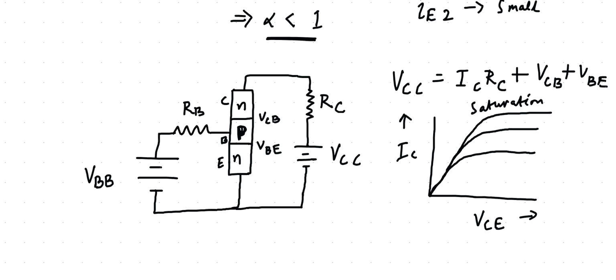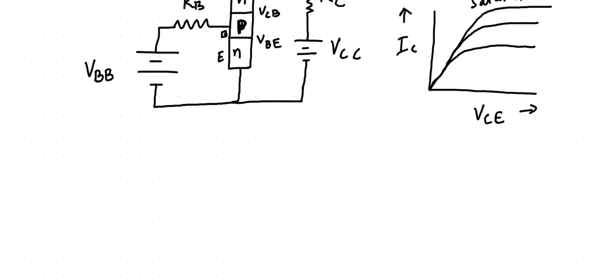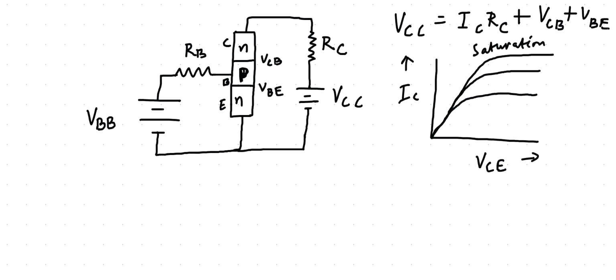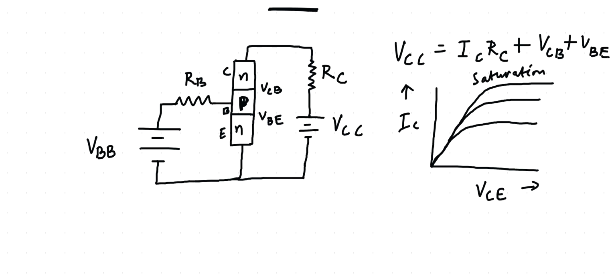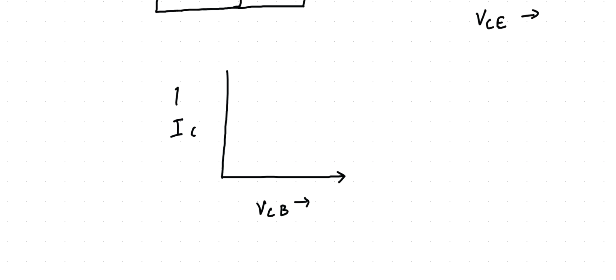Similarly, if you plot VCB and IC, then what will happen? This is the collector emitter voltage and collector current we got. Now if I increase the collector base voltage and measure the value of collector current, then you will see that this is alpha times IE1.